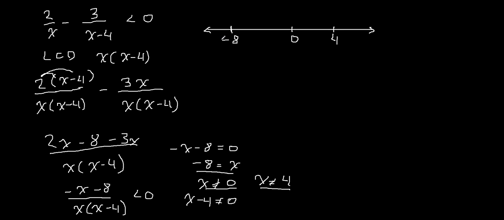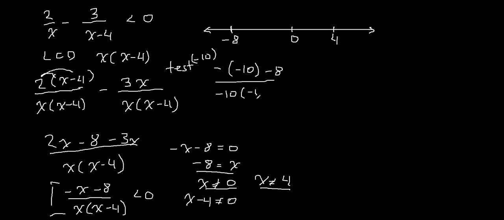Okay, so let's try a test point. How about negative 10? Let's just stick with this function. Testing negative 10: negative 10 minus 8 over negative 10 times negative 10 minus 4.